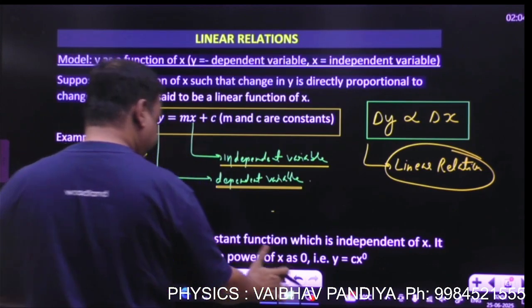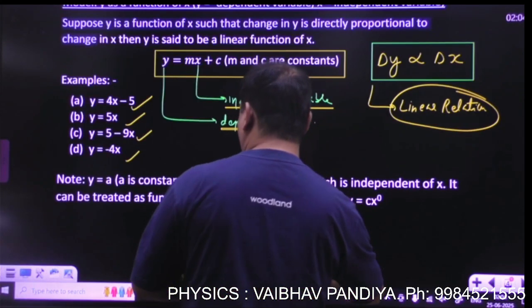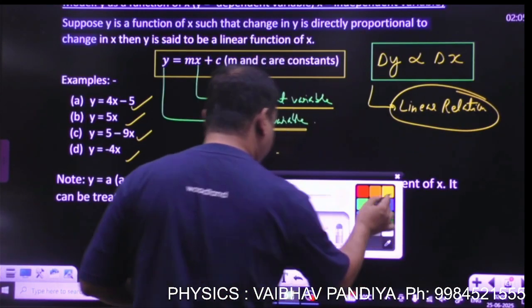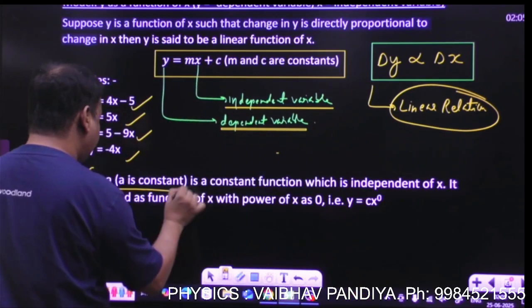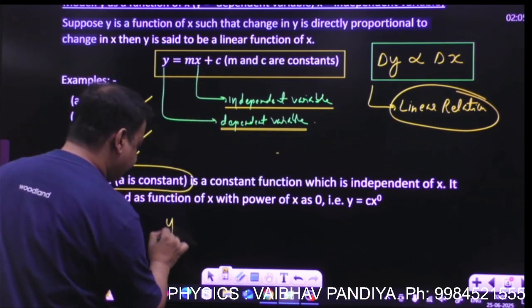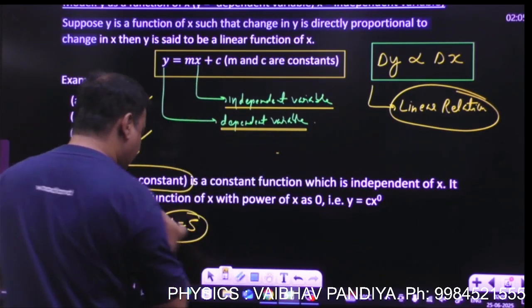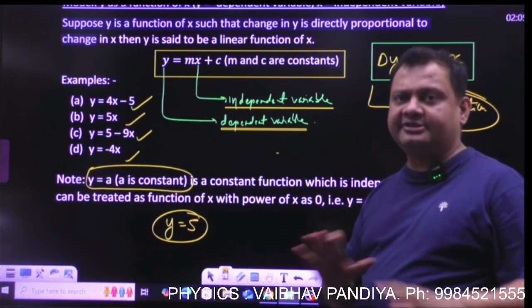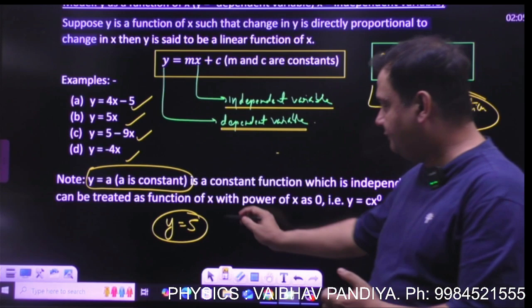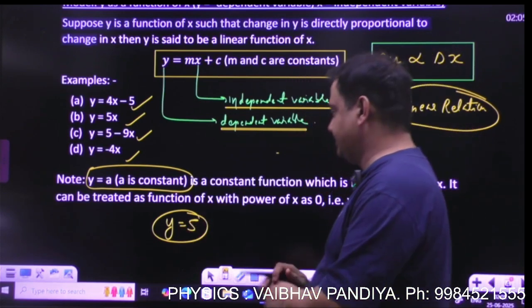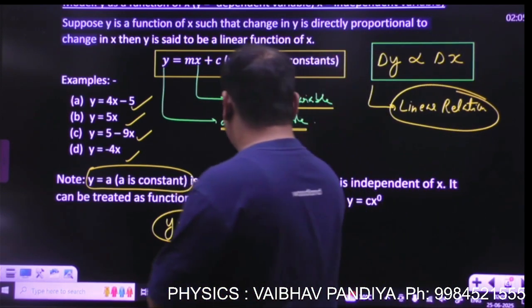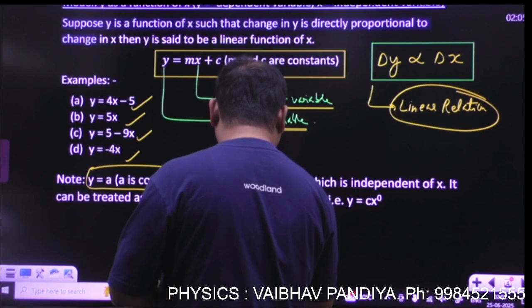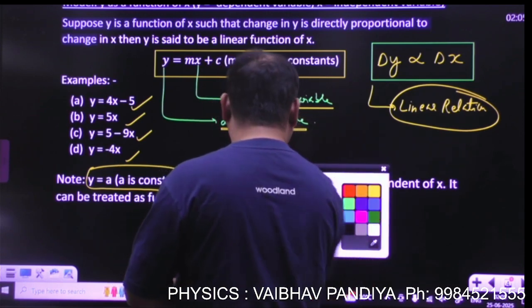Got it? Suppose you have some equation y is equal to a, where a is a constant, say y is equal to 5. Obviously you can see from the equation that the value of y is independent of x, correct? The value of y does not depend on x.